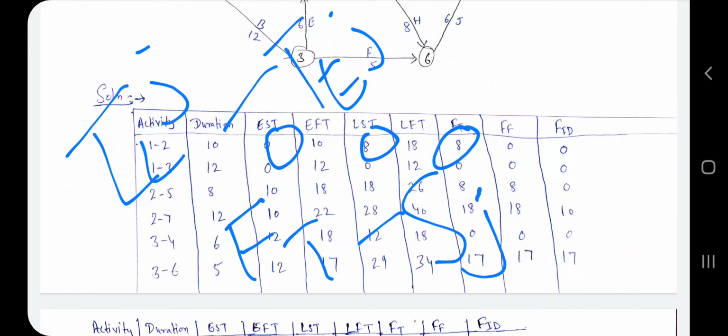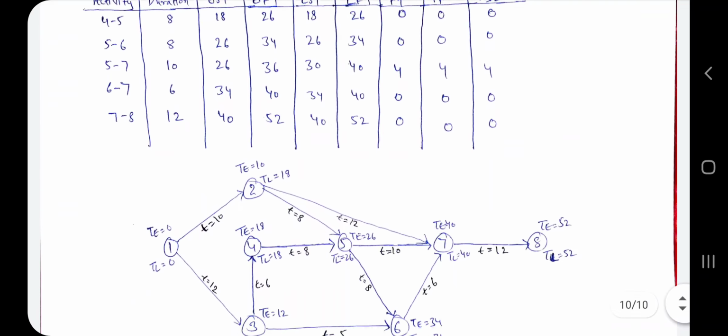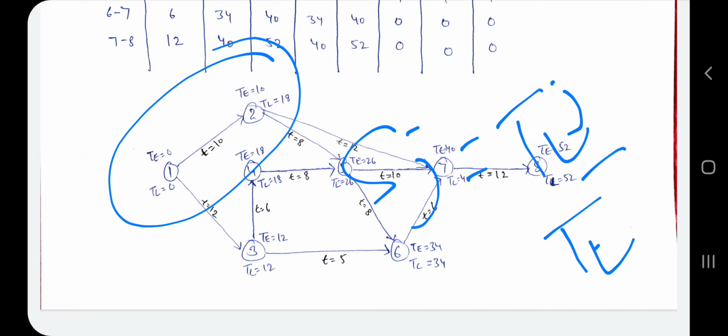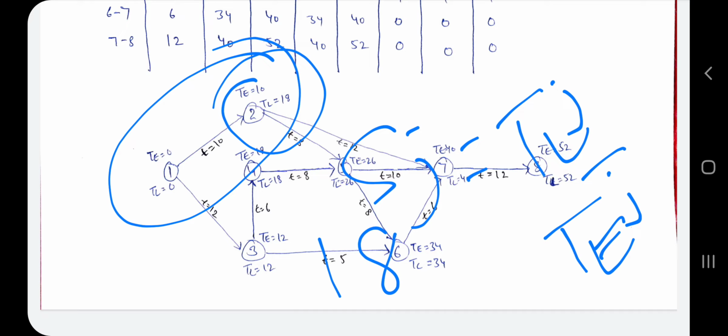If I talk about activity 1 and 2, this is our J part, so TLJ is 18 and TEJ is 10, which means SJ is equal to 8.